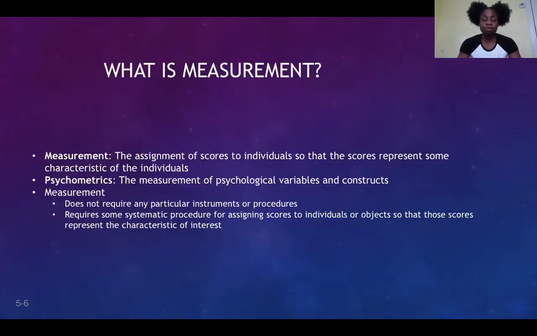Before we begin, as usual, I have a slight introduction. Our ability to answer empirical research questions in psychology depends on our ability to measure psychological variables.